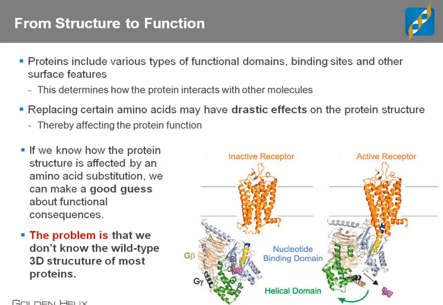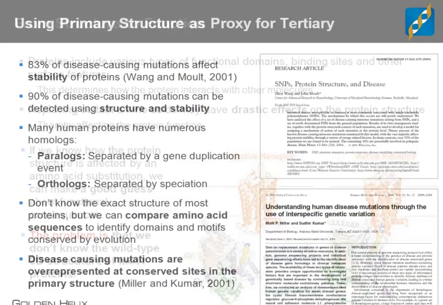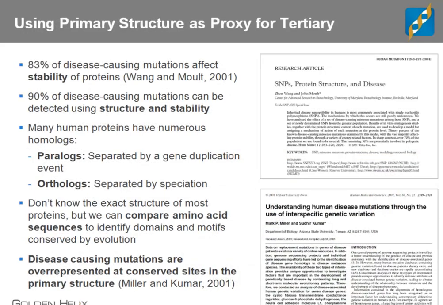I'm starting to realize that, wow, if we could accurately predict the tertiary structures of all of these proteins, we could make significantly better predictions. As it is, though, we have to use what information we do have as a proxy for the tertiary structure, and therefore a proxy for determining what is really going to be functional in consequence.